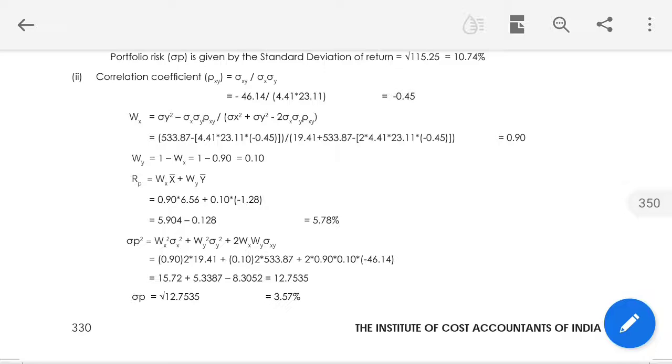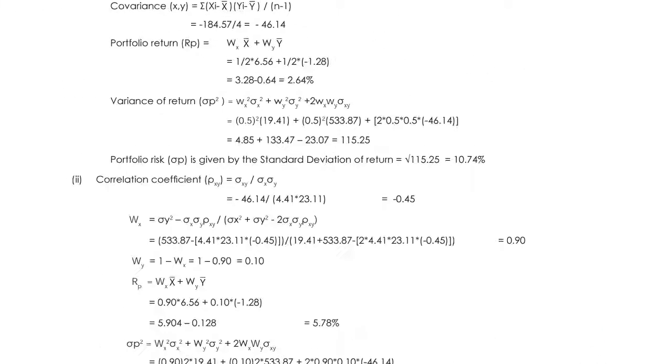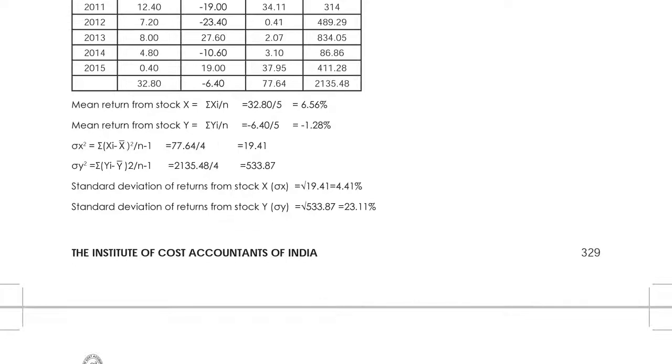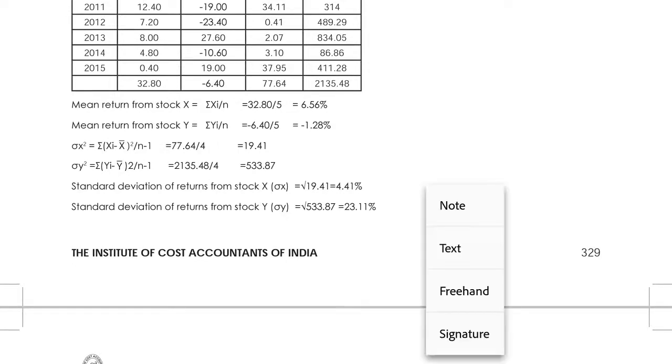We have calculated sigma xy. It is 46.14 divided by sigma x, which is 4.41, and sigma y is 23.11, also calculated in the previous question.